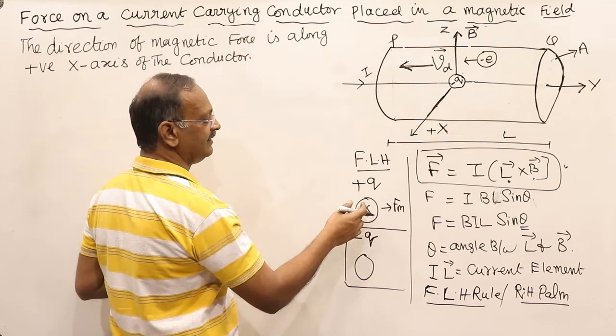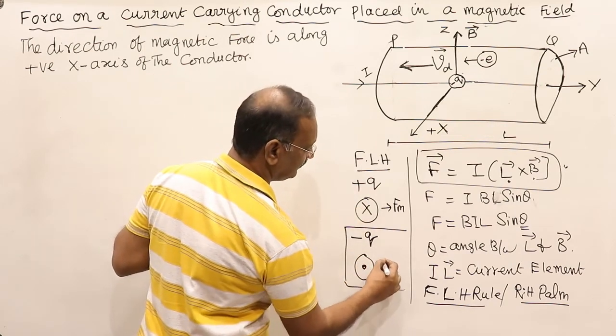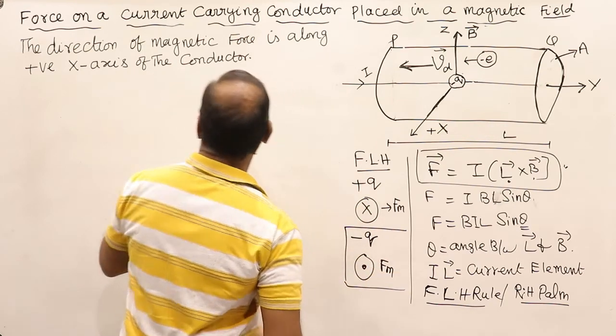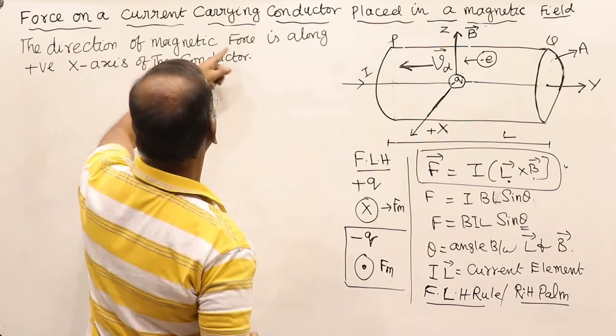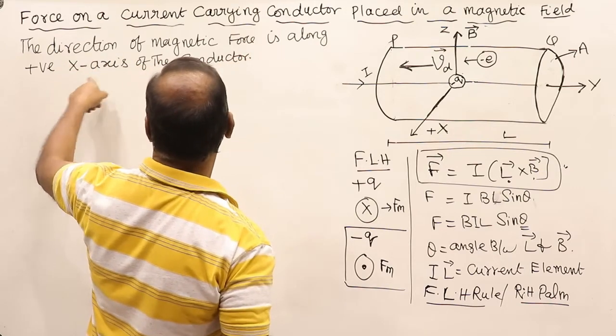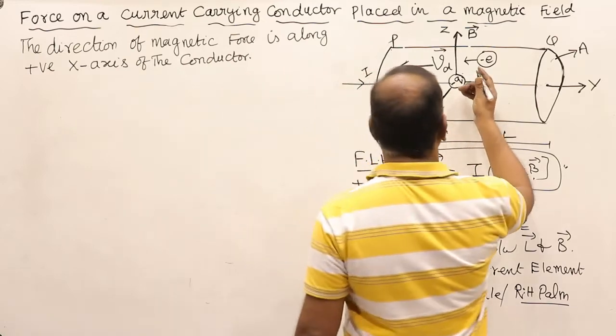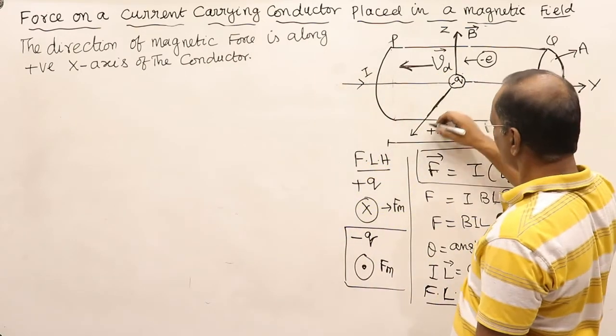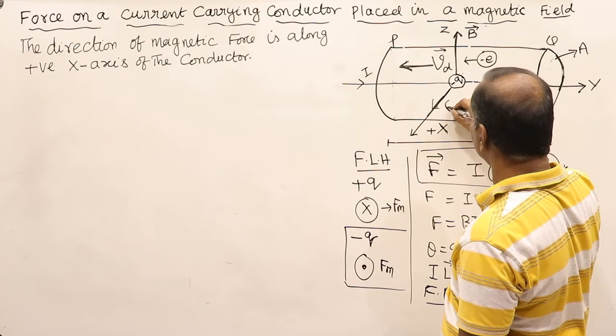If it is inside, it will be outward. That is the direction of magnetic force along the positive x-axis of the conductor.